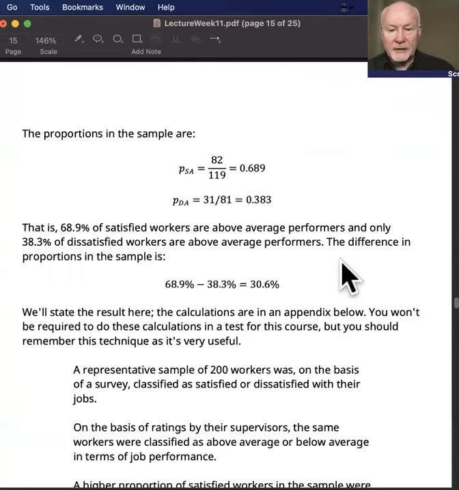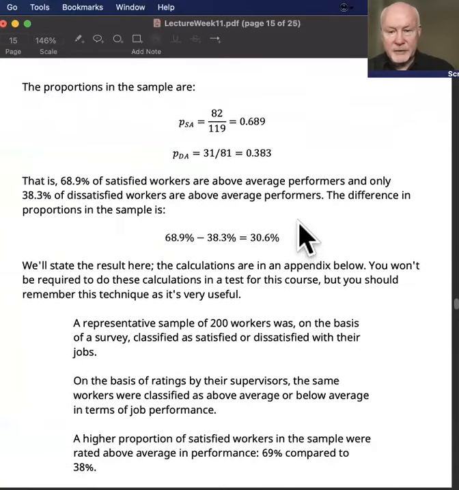And we can calculate the difference between those two proportions, which is 30.6%. What we want to find is a confidence interval for that difference in proportions in the population, the workforce from which the sample was taken.